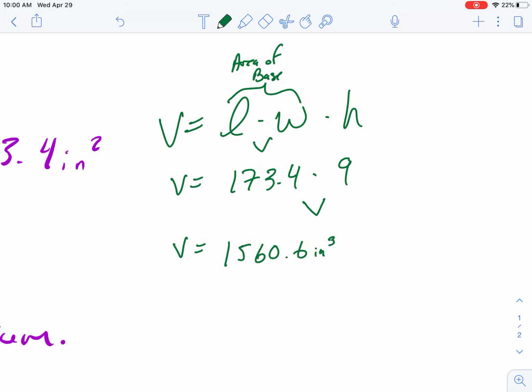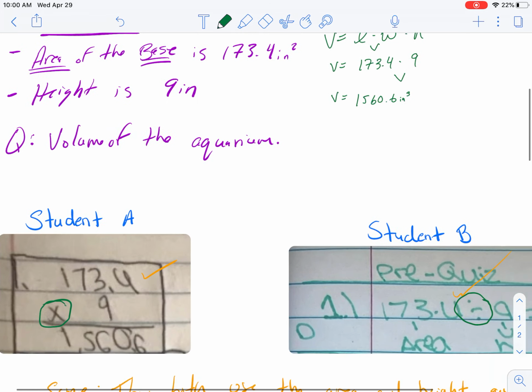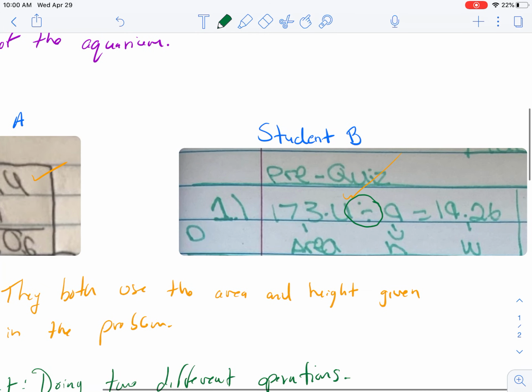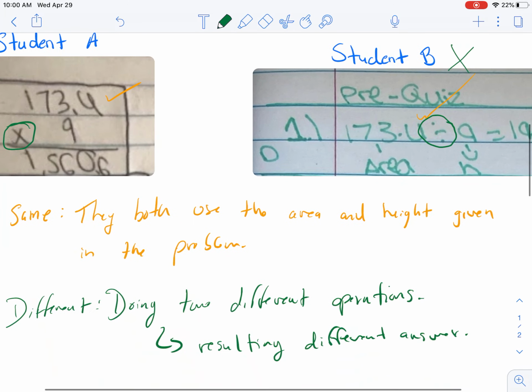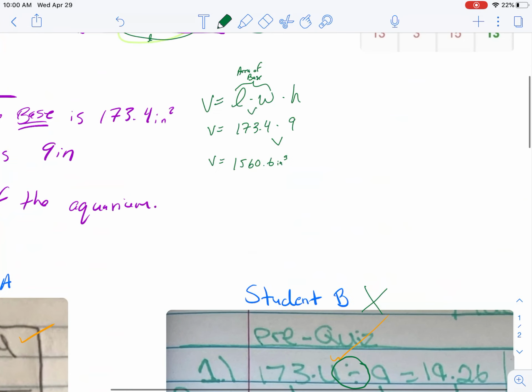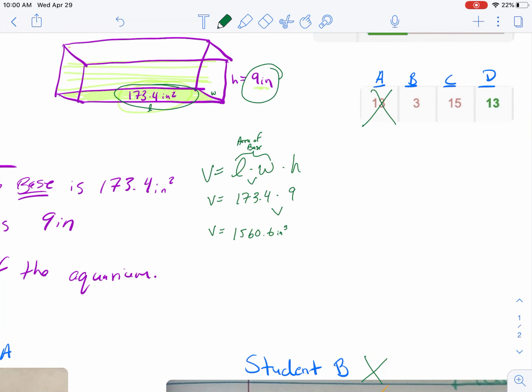But the problem said to round to the, so here we'll notice that the person that was incorrect was B. We weren't supposed to be dividing, we were supposed to be multiplying. And so that eliminates A.